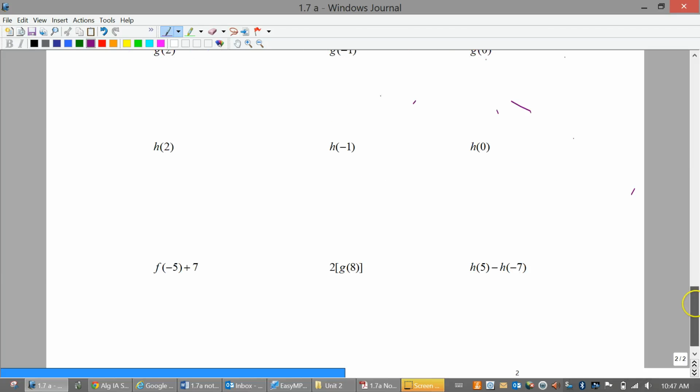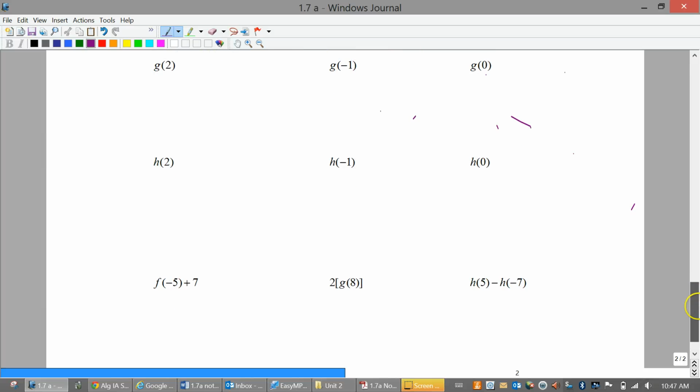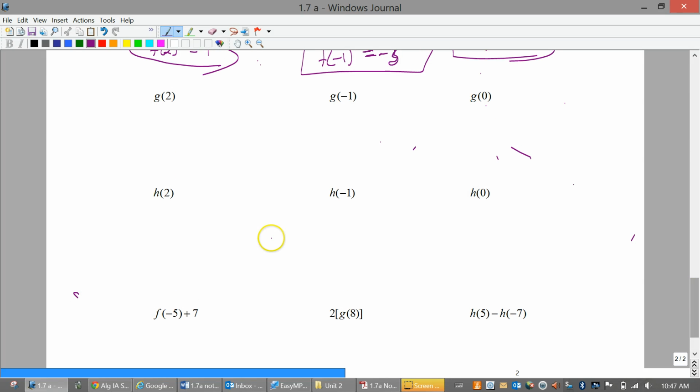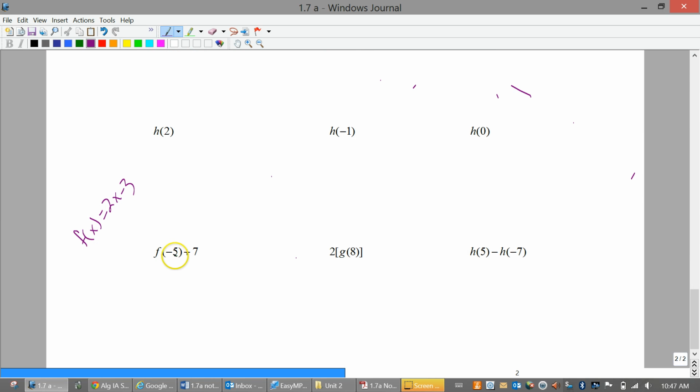Okay, let's skip all the way down to the bottom here. That was our function f. Somebody describe to me what happens here. What happens here? Function f takes -5, right? Turns it into some other number, and then afterwards we have to add 7 to it. With me on that?